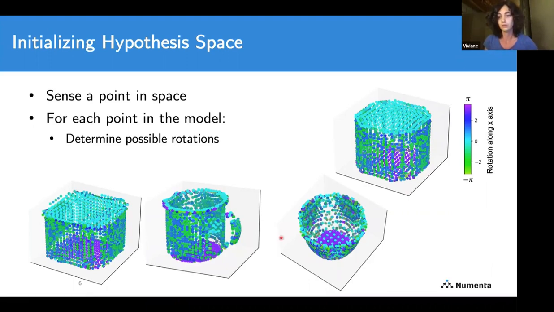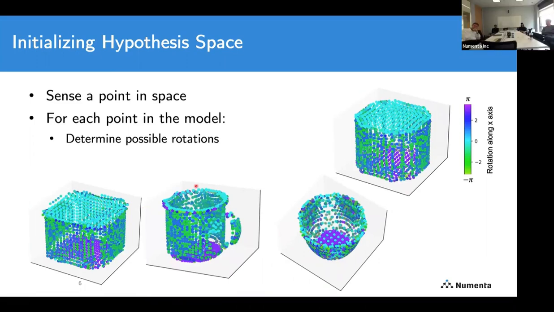And we do that for all of the objects that are possible. That's a large space then. Yeah, but it's still a smaller space than if we tested all possible rotations for all the locations in the model. It's still an informed hypothesis space.